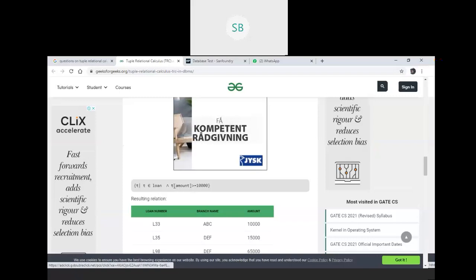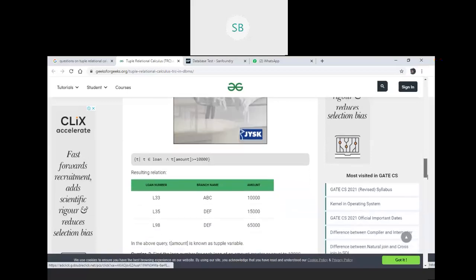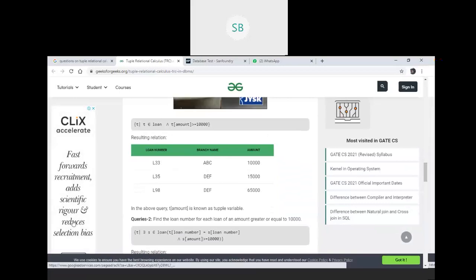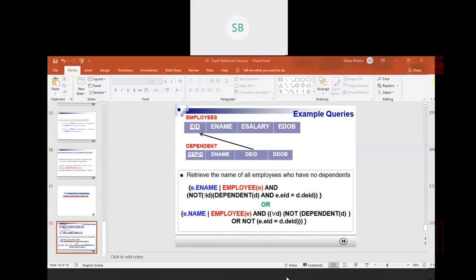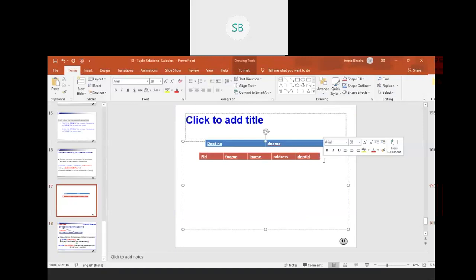So what was the question? T of amount greater than or equal to 10,000. If you write it like this, you are finally able to retrieve the desired answer. All who have amount greater than or equal to 10,000 will be displayed. Now how do we write it?